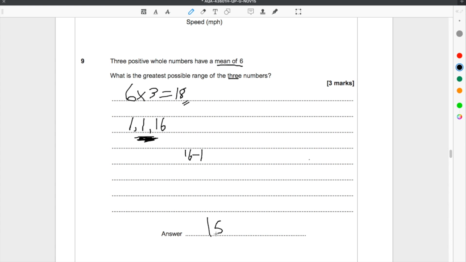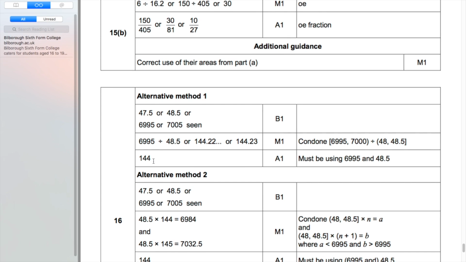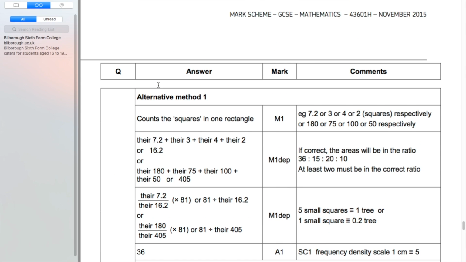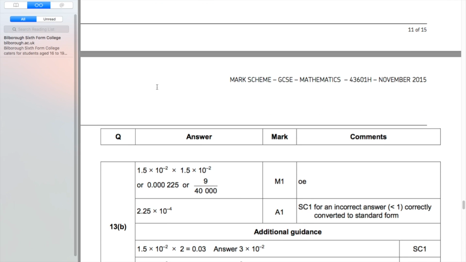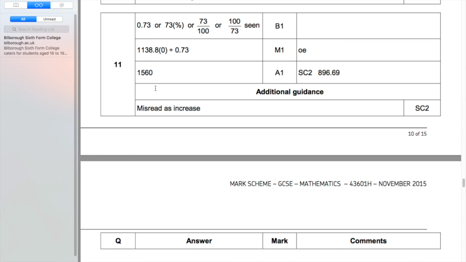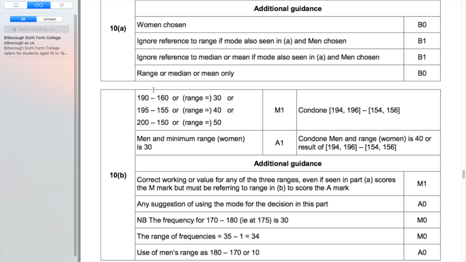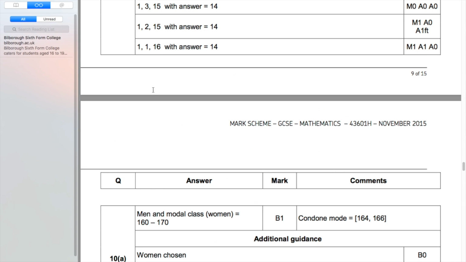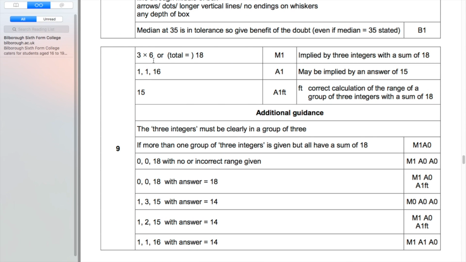We can check that using the mark scheme. So if we go up to this question, yeah, so 1, 1 and 16 giving us a range of 15, so that's correct, okay?